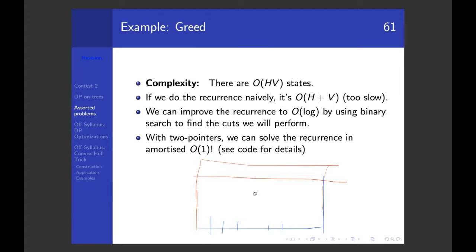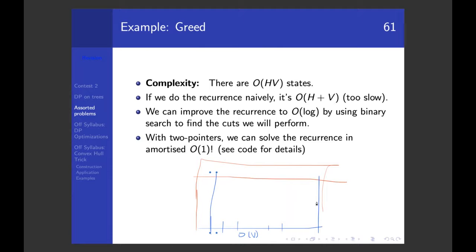And it's amortized order 1. Why? Because to calculate these order V things here, we move our first pointer at most V times, and we move our second pointer also V times.